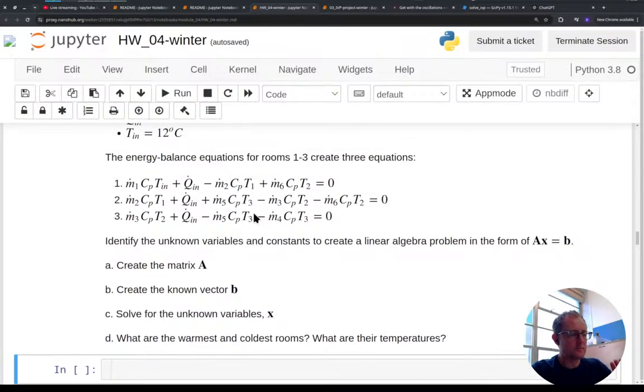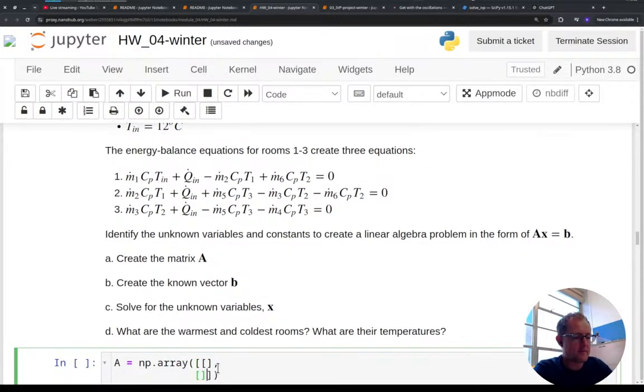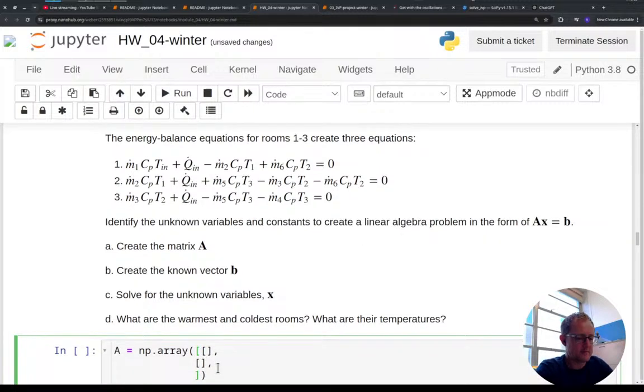Okay, so I'm going to try to approach this in a systematic way. I know I have 3 equations: equation 1, equation 2, equation 3.